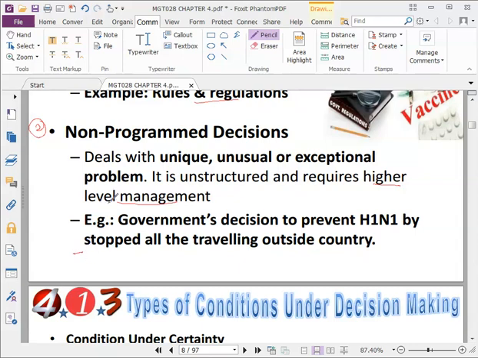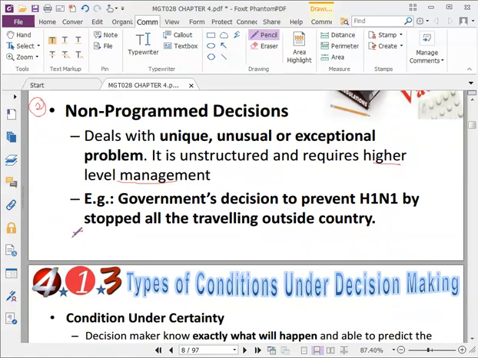Kalau non-program decision, okay, example dia adalah kita ada program ataupun berkaitan dengan macam mana nak program ataupun team building. Okay. Team building untuk apa? Okay, tak selalu kita akan buat.